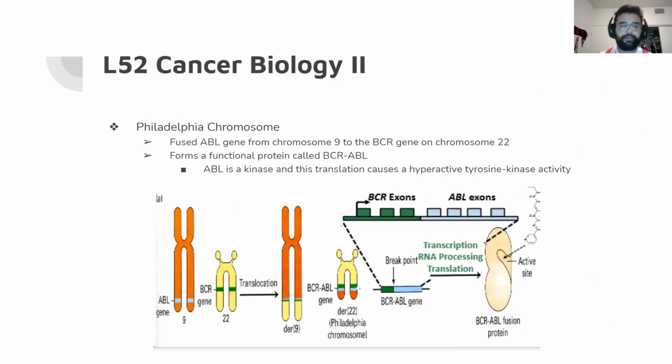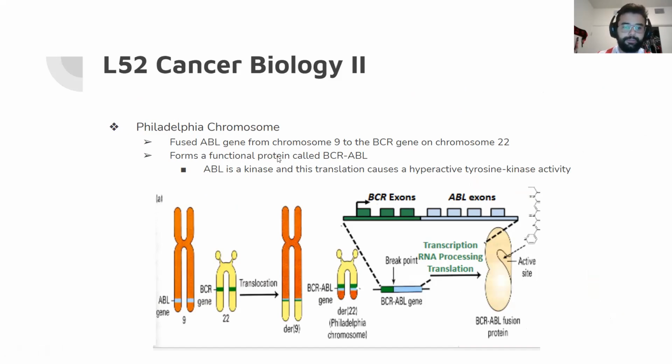The interesting thing we like looking at for chromosome rearrangements is the Philadelphia chromosome. We have two different chromosomes here: the ABL gene from chromosome 9 and the BCR gene from chromosome 22. We can have a translocation where the ABL gene moves to chromosome 22 to form this BCR-ABL functional protein.